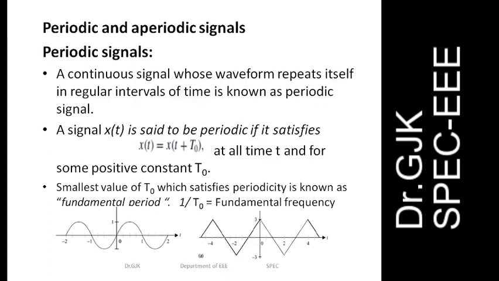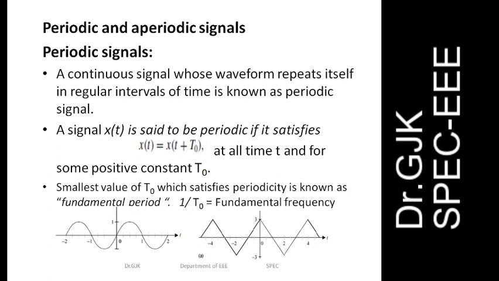unit impulse function. Then the other classification of signals is periodic signal and aperiodic signal. First, coming to the periodic signal, if any continuous waveform repeats itself in regular intervals of time, then it is known as a periodic signal. Like the sinusoidal waveform, it is a continuous waveform and varies continuously with time, and it repeats itself in regular intervals of time.